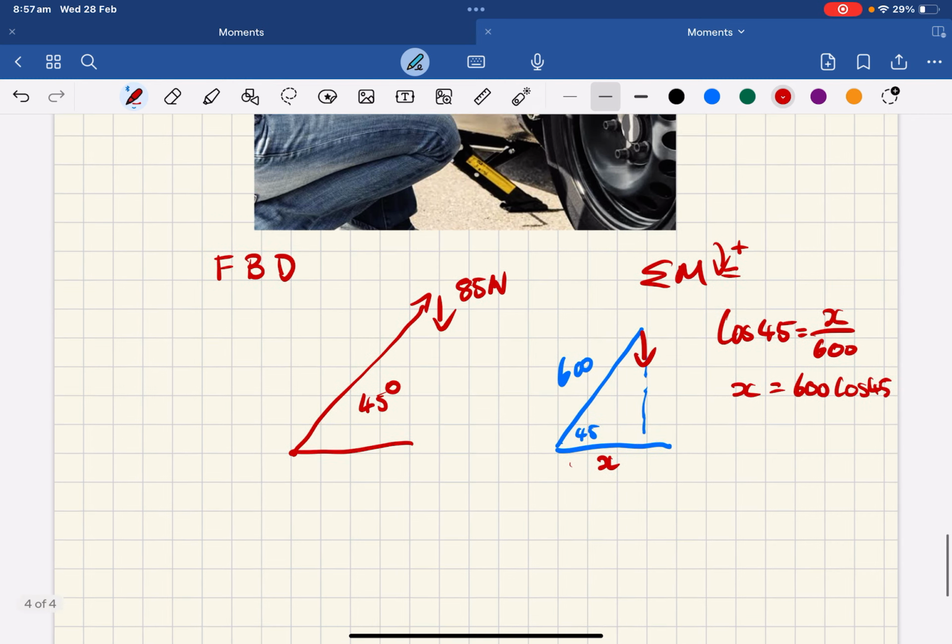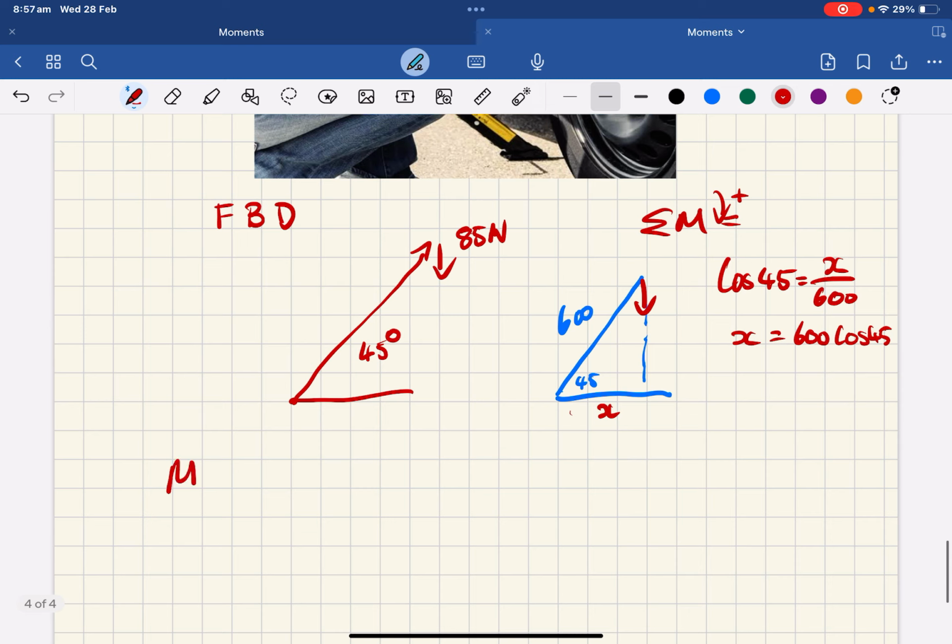Now we've got the distance, we can work out the moment. So the moment equals force times distance. Force is 85 newtons times the distance, which is 600 cos 45. And we get our magic answer.